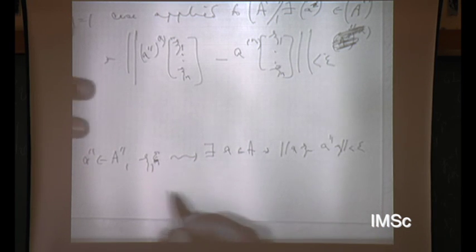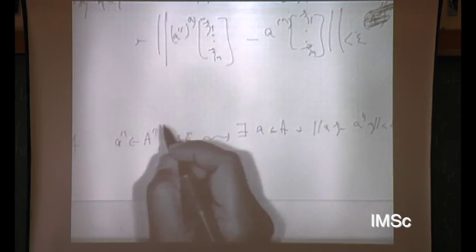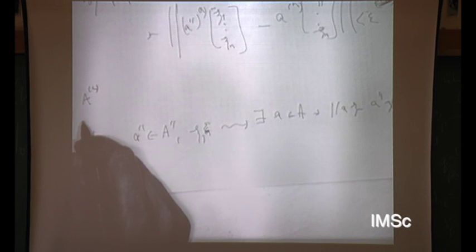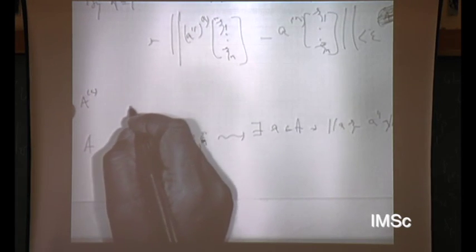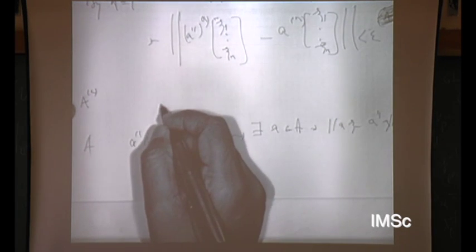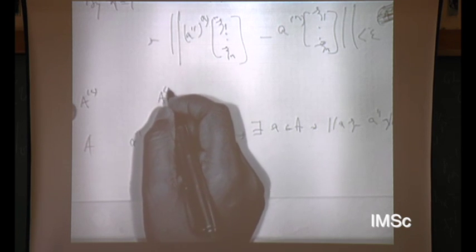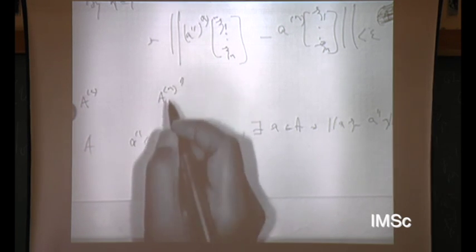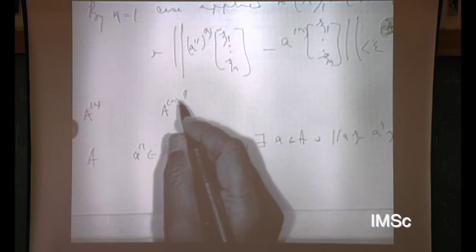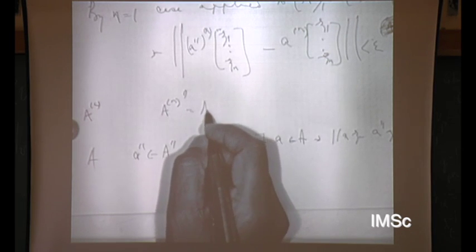So now I am saying, let us start with the star algebra A_n, and then look at something in its double commutant, which is equal to A double prime n.